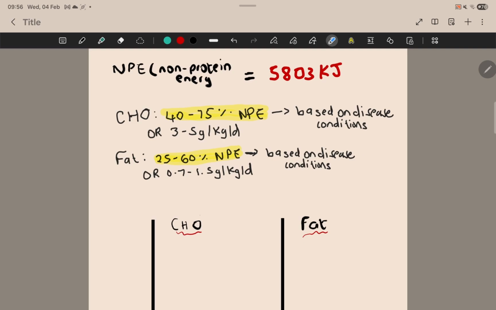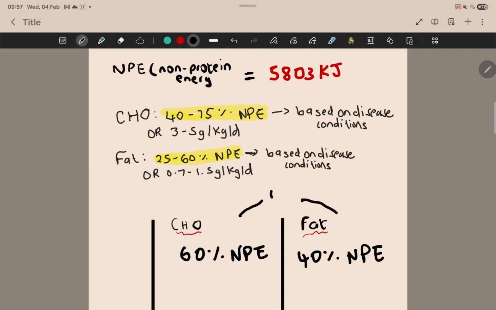For this patient, we are assuming that he is normoglycemic. For that condition, we use 60% of non-protein energy from carbs and 40% from fat or lipids. Make sure that these percentages always add up to 100%, because carbs and fat make up non-protein energy, so they have to equal 100%.